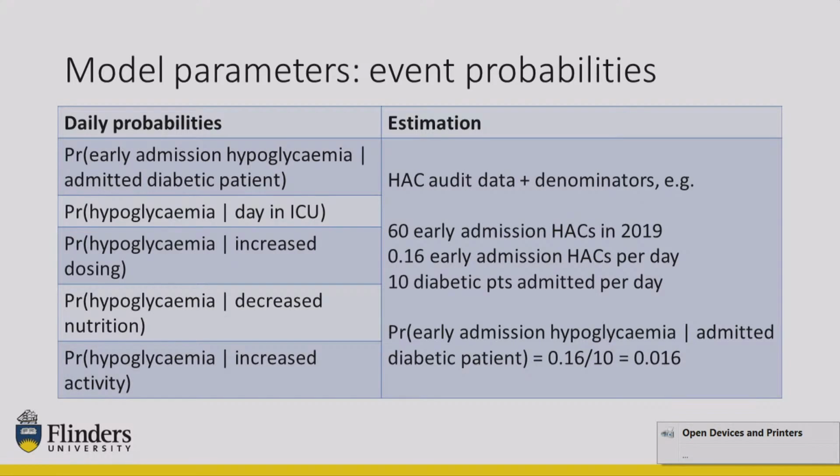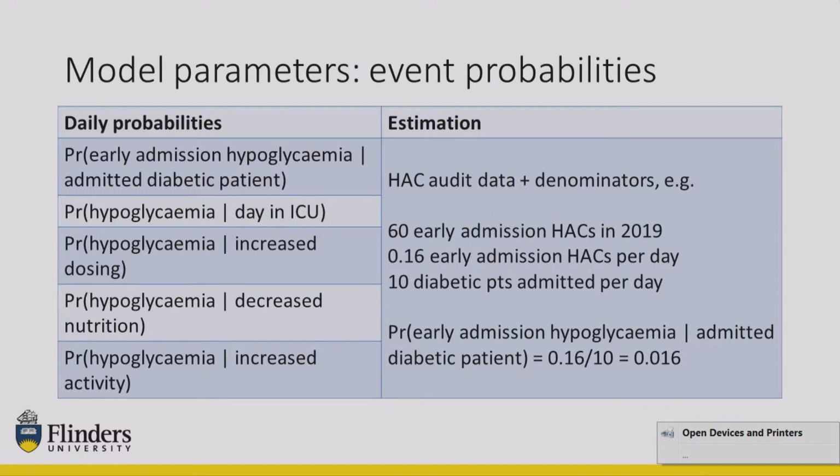So from the audit of the HAC, patients experiencing a HAC, we've got the proportion of cases that are early admission hypoglycemias, hypoglycemia in the ICU due to increased dosing, etc. So as an illustrative example, from the audit we may find that 60 of the hospital-acquired hypoglycemic cases were in that early admission phase.